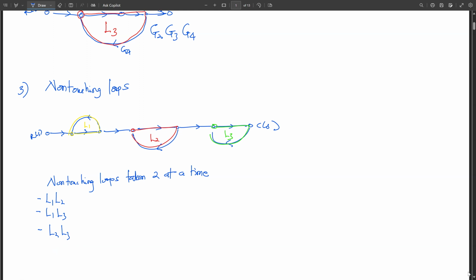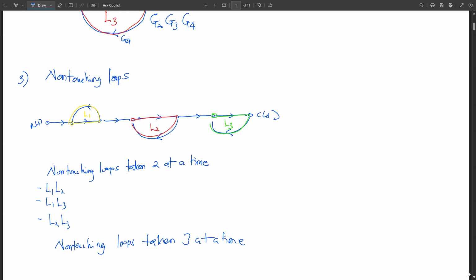Now I could also graduate to non-touching loops, taking three at a time. So taking three at a time, I take three, then I see if they are touching each other or not.